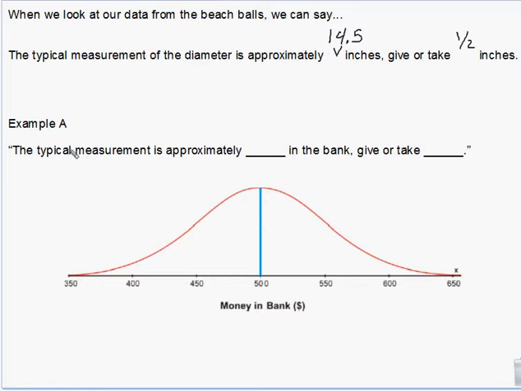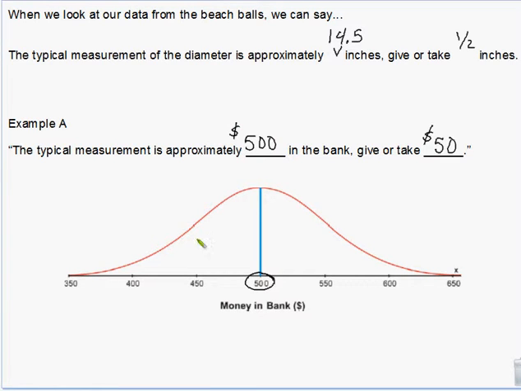When we look at, say for example, example A, the typical measurement is approximately $500 in the bank. That's the average, that's typical. And then we look at the next set of data over, and we go down 50 or we go up 50. And we say give or take $50.